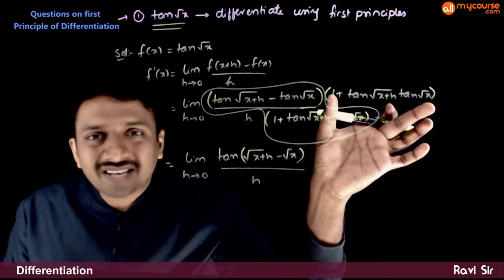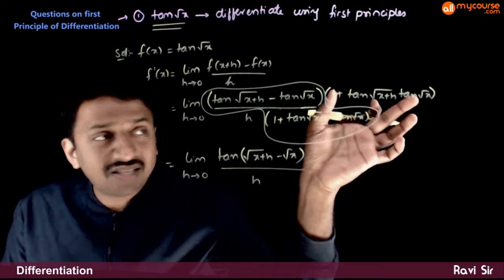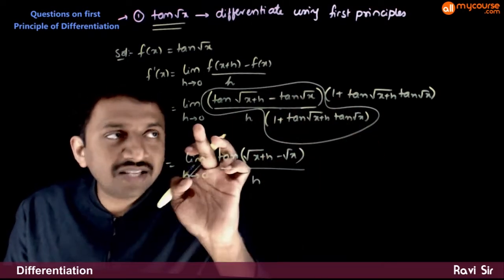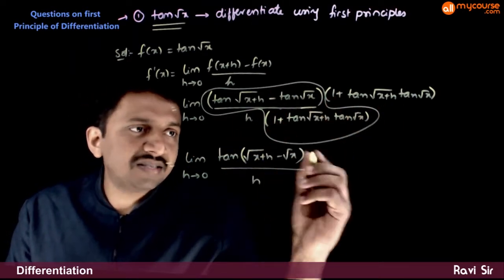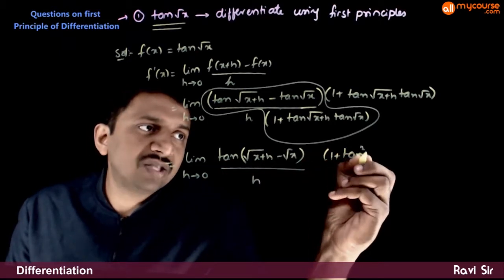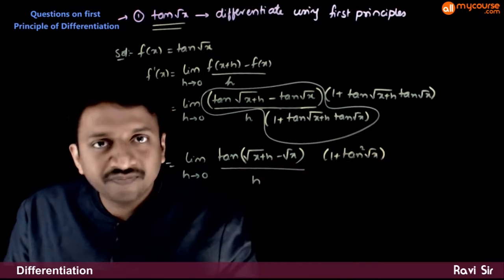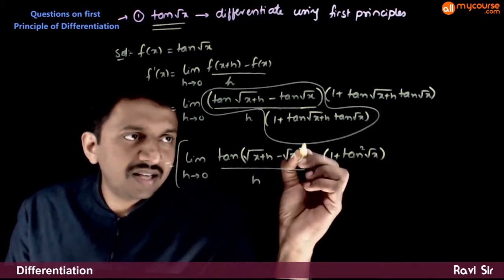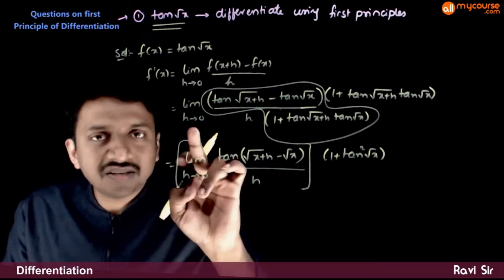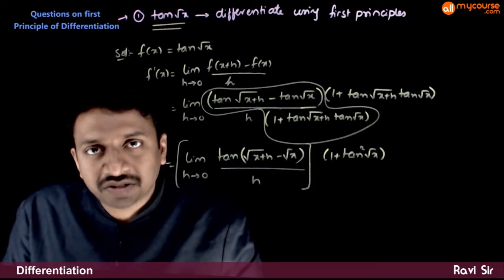So this is a non-problematic part. This does not lead to indeterminacy. So you can directly do the substitution. As h tends to 0, this is 1 plus tan square of root x. So this lies in the limit. So this can be separated because there is no indeterminacy in this expression.